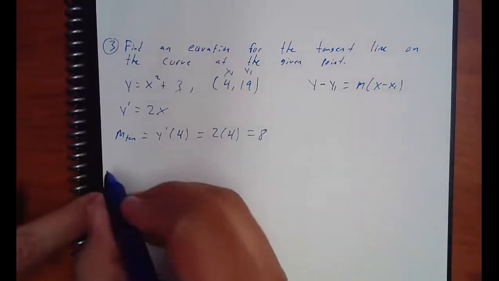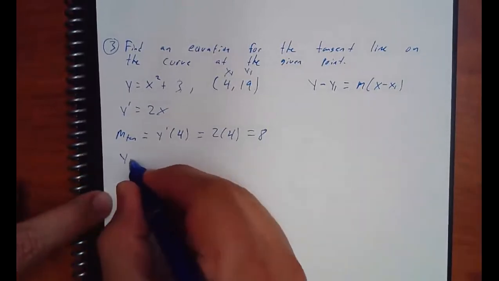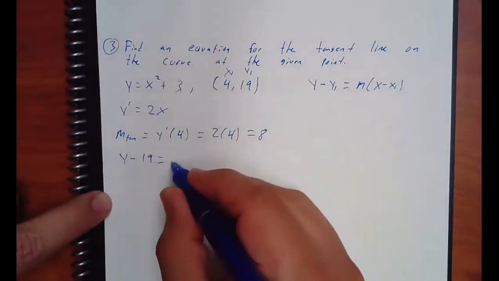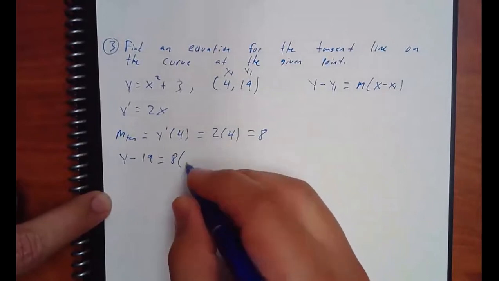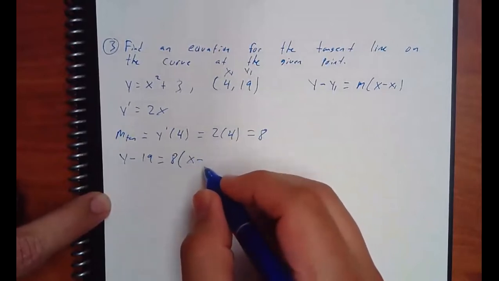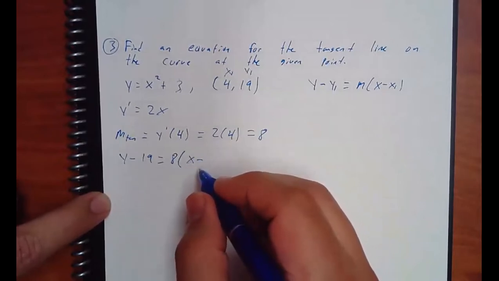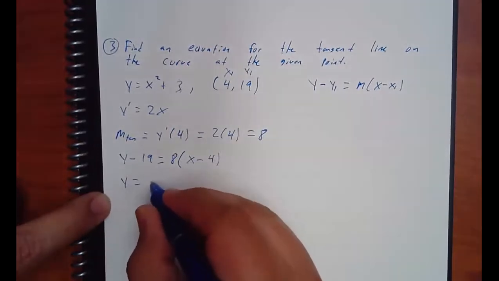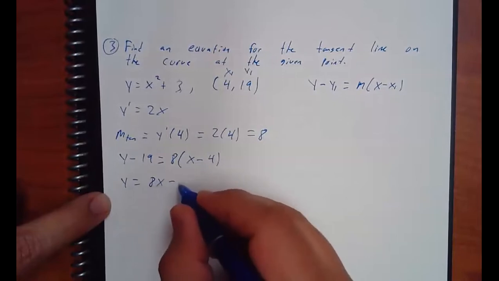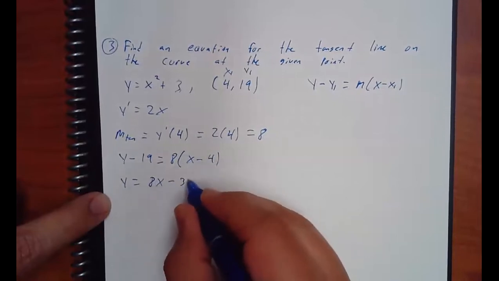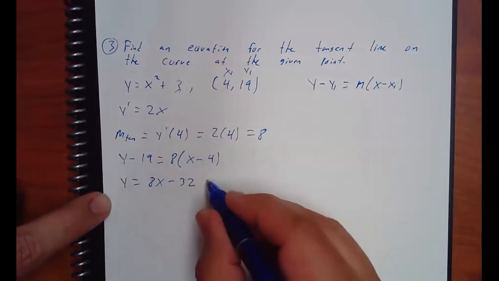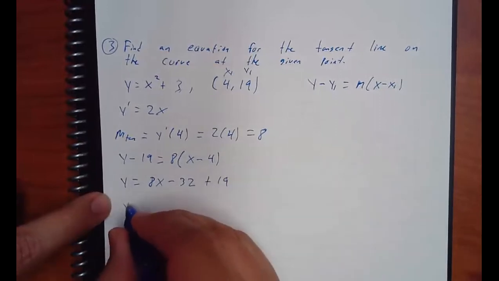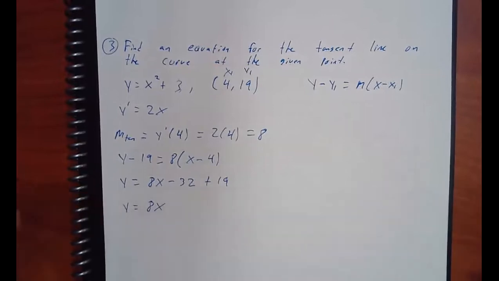Okay. So y minus y1, which is 19, is equal to 8 times x minus 4. So that'll be y equal to 8x minus 32, distribute the 8, plus the 19.